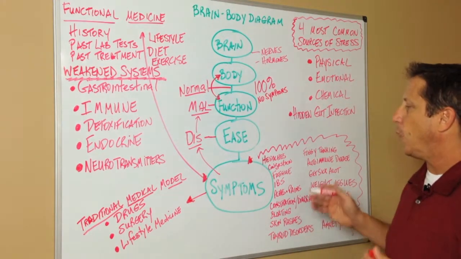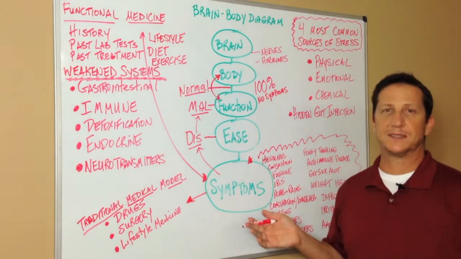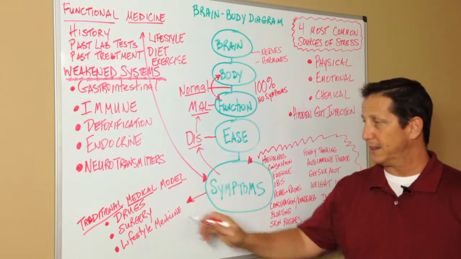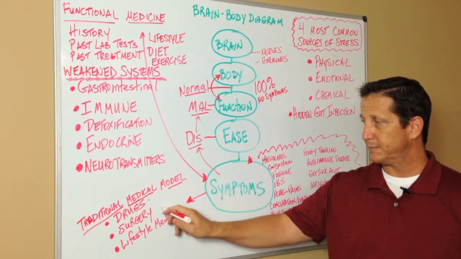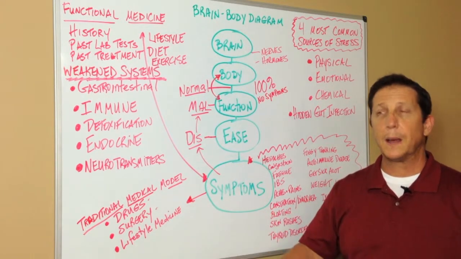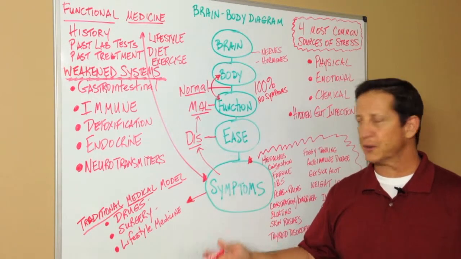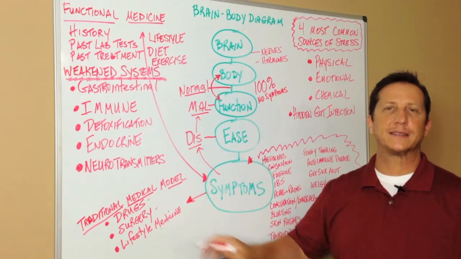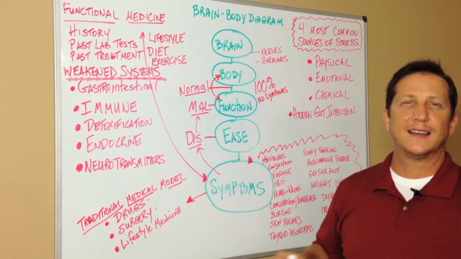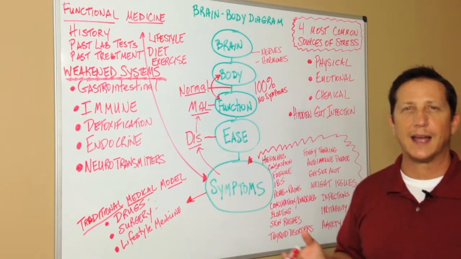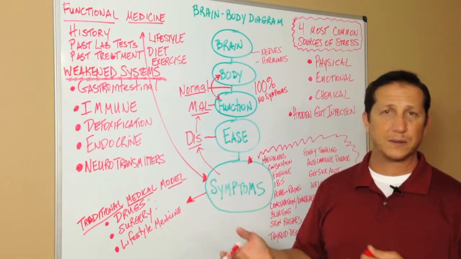So what happens when you have these symptoms and you go to your doctor? You get drugs, and hopefully not a surgery, but a lot of people do. So you're getting drugs and surgery and lifestyle medicines, because when the drugs stop working, it's very common for people to have to take another drug. Well, that one didn't work.